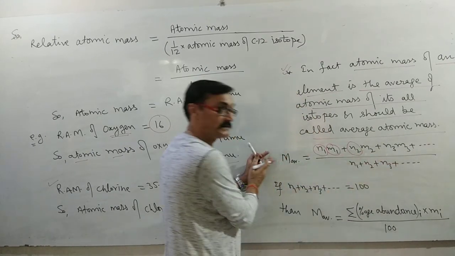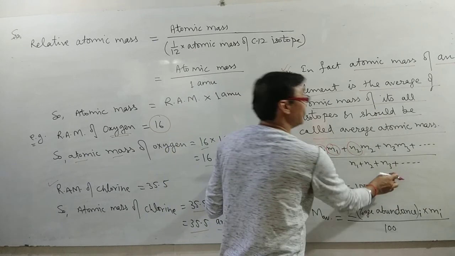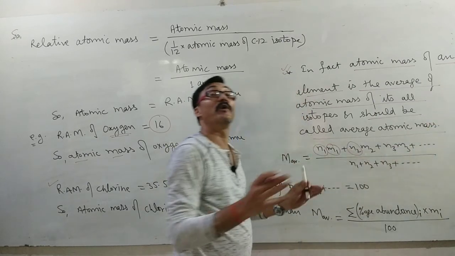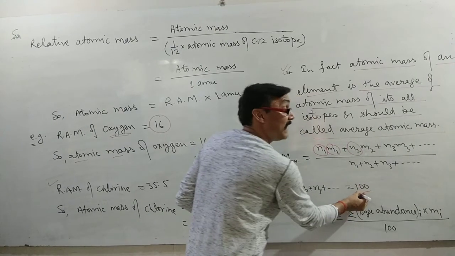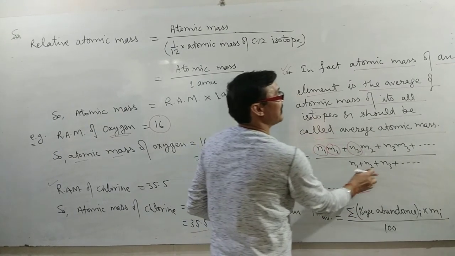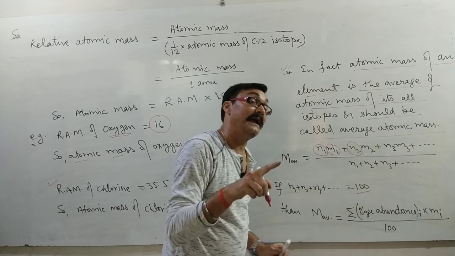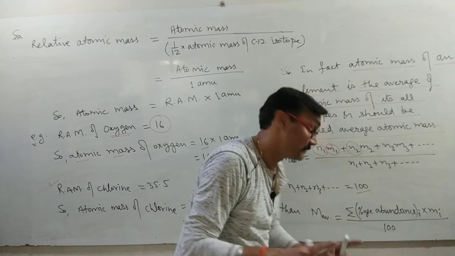It is called average. If n1 plus n2 plus n3 and so on, that is the sum of all the atoms of all the isotopes, is 100, then n1 upon n1 plus n2 plus n3 can be called percentage abundance.